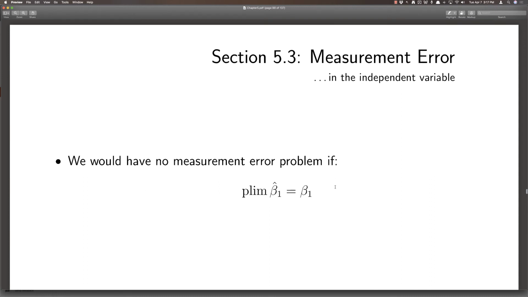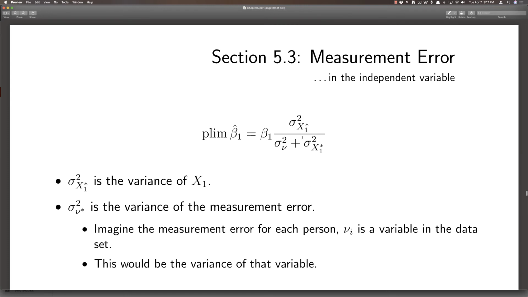So we would have no measurement error problem if the probability limit of beta 1 hat equaled beta 1, right? That's what we want. So when would that be true? Well, notice that's true here when this is zero. If this is 0, then we just have this term over this term, and that's just a 1, right?